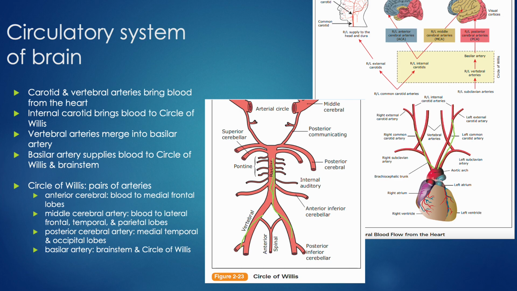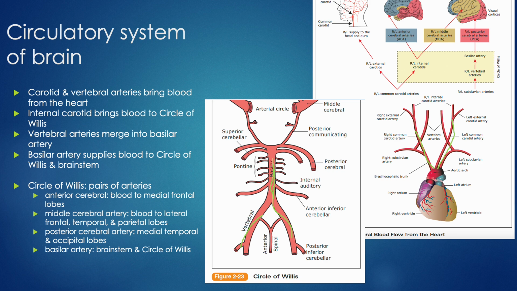And so your larger cities that have had the sprawl, sometimes you'll have more than one traffic loop to accommodate the sprawl, right? But the way that works is if there's a wreck ahead, you can get off on an exit and still get to your destination. Or if you miss your exit, you can go to the next exit and backtrack and get where you're going. And that's kind of what the circle of Willis is.